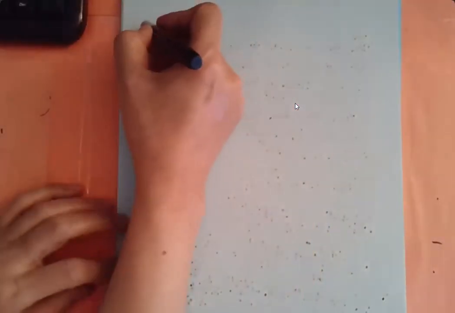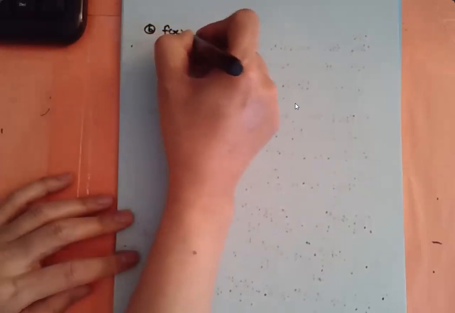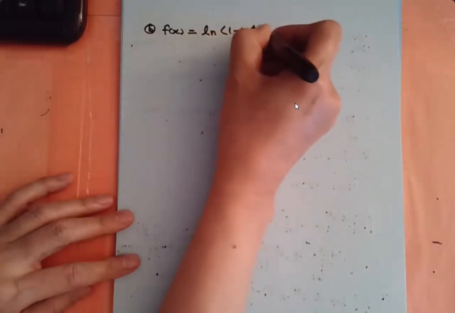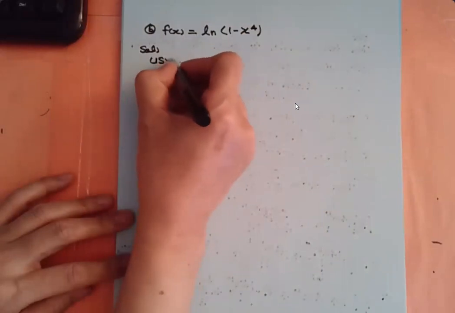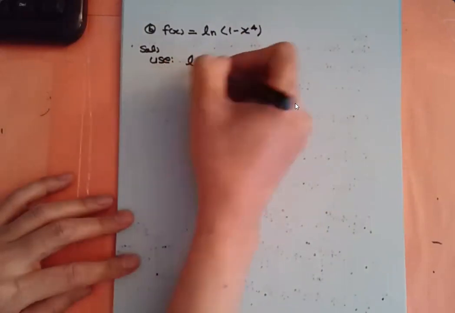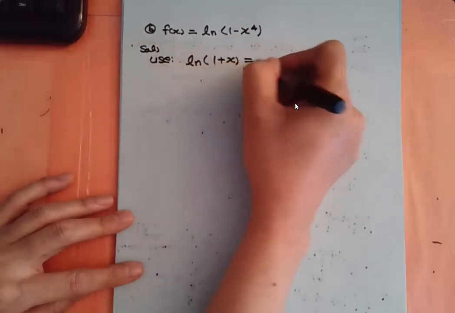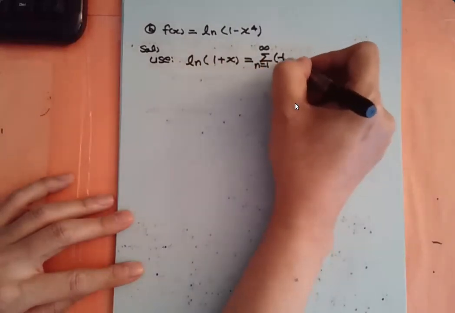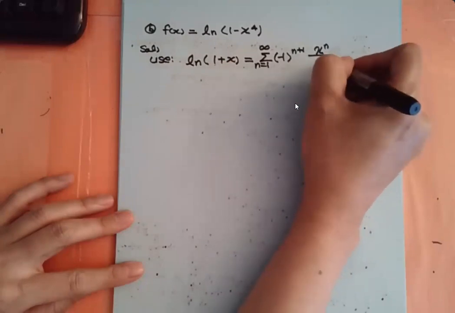Let's do the second problem. The second problem is f of x equals natural log of 1 minus x to the 4th power. We will use the formula natural log of 1 plus x equals summation n equals 1 to infinity, negative 1 to the n plus 1 power, x to the nth power over n.